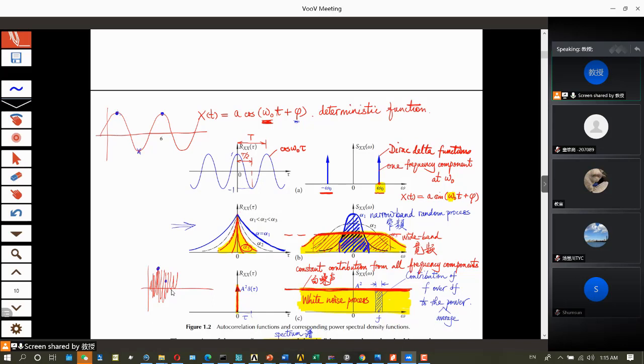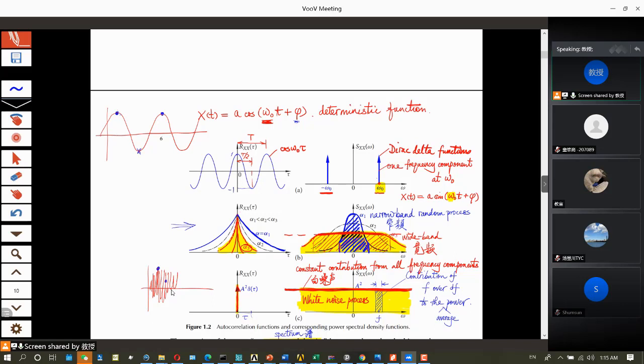If you have a delta correlated random process, then it has a very wide power spectral density. In the limiting case, it is a white noise process. That means the frequency contribution is constant for all frequency components.